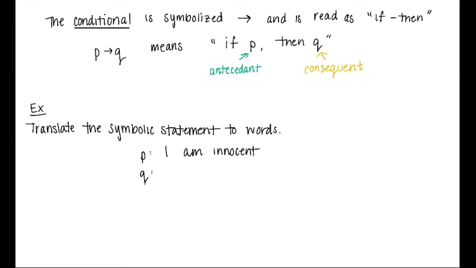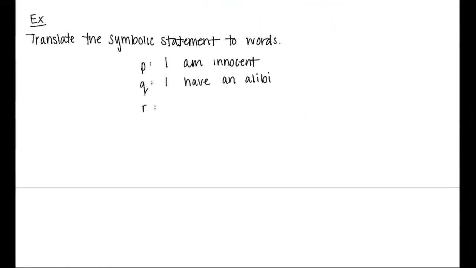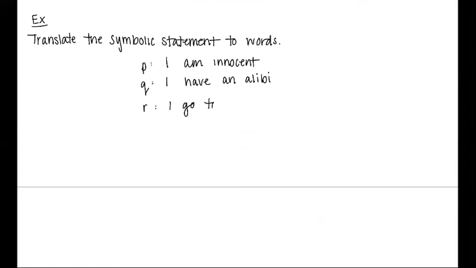Q is the statement, I have an alibi. And R is the statement, I go to jail. And so we're going to translate the statement first, P and not Q, to R. So if this stuff happens, then this thing happens. So here, if all of this stuff, then R.